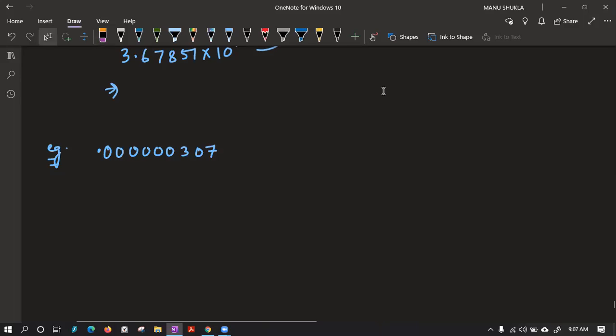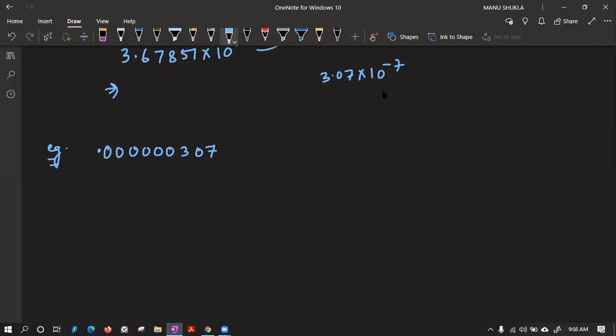This is a very small quantity, so you have to understand the power of 10. Okay, Ananya is saying 3.07 into 10 to the power minus 7. Others, please tell. Okay, same answer from Vardhan.